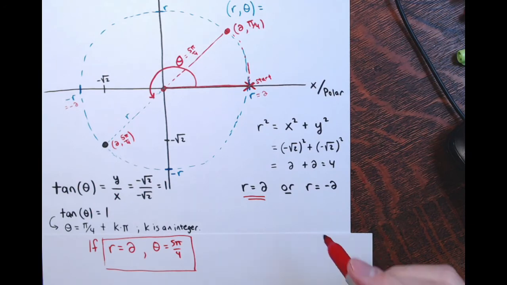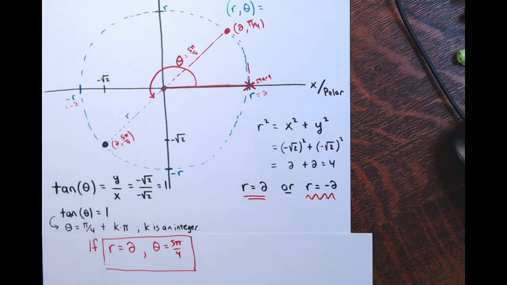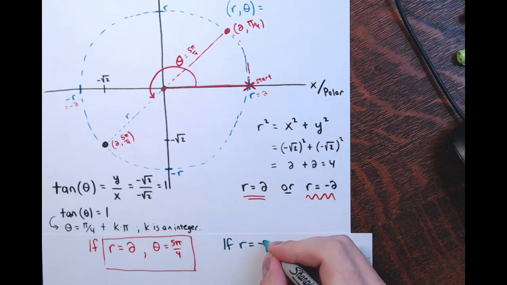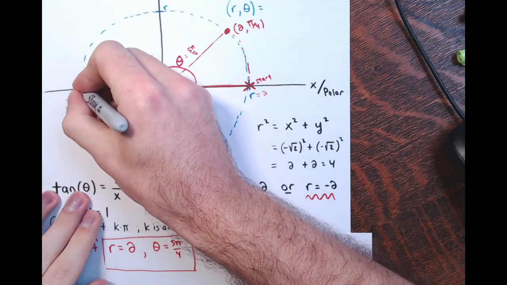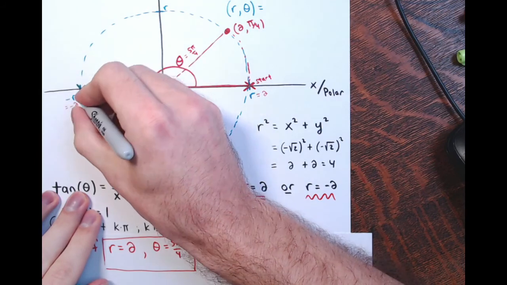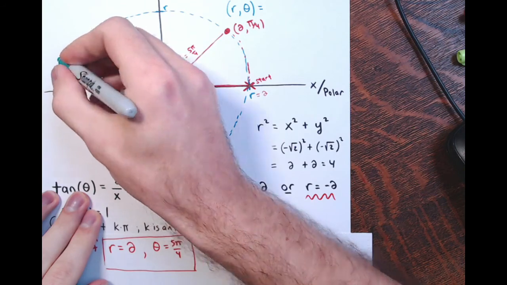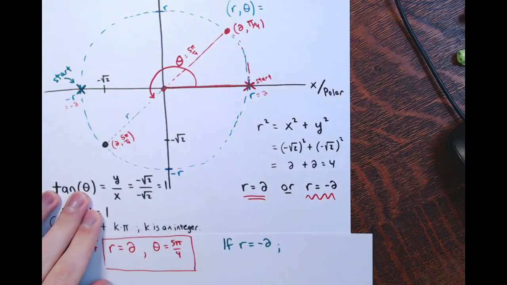Now you could also have done this with r equals negative 2. And I'll do this in a different color this time. So what if r were negative 2, if I chose that for my r? So that means I'm starting here. I locate negative 2 on the polar axis, and I'll start from here and sweep out an angle.